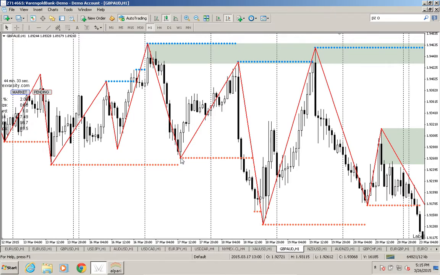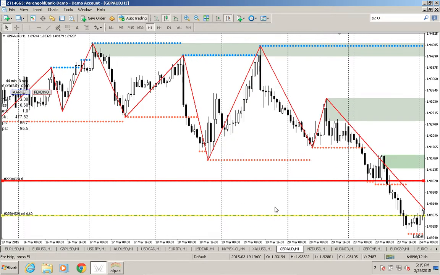But that low was lower than our previous low on the 16th of March, signaling the trend has changed. The next high on the 18th of March is lower than our high on the 17th of March, confirming we are now, in fact, in a downtrend.